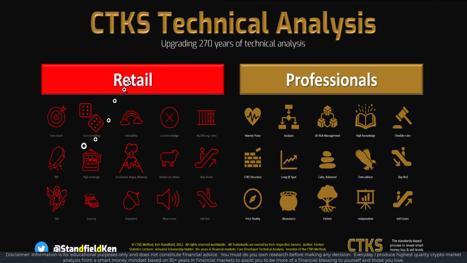Unfortunately, retail mindset is always about looking at only the charts that they're trading or interested in investing in. Professionals don't do that because it's suicide financially. They look at the market pulse, the tier 1, the tier 2 and the tier 3 charts. They understand the structure and they understand the price is always bouncing between a smart money buy area, sell area, buy area, sell area.